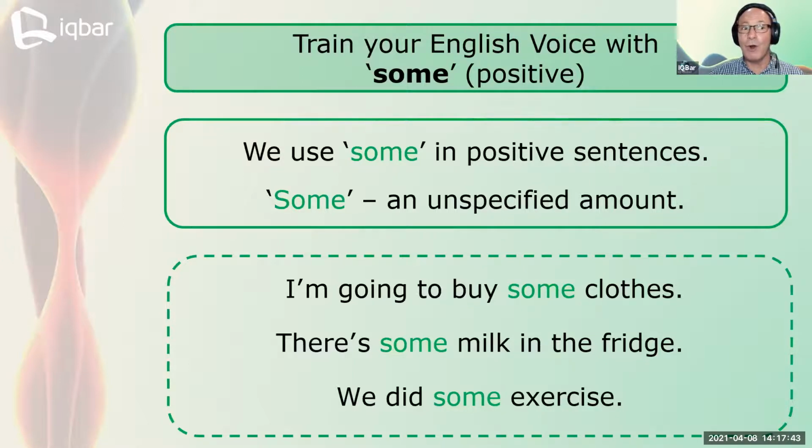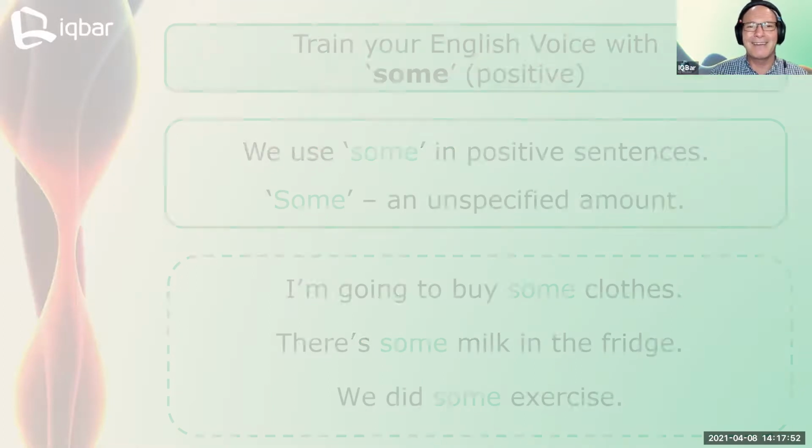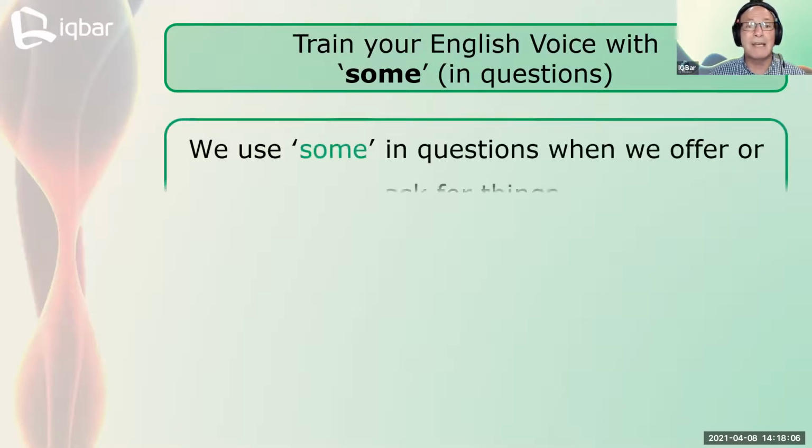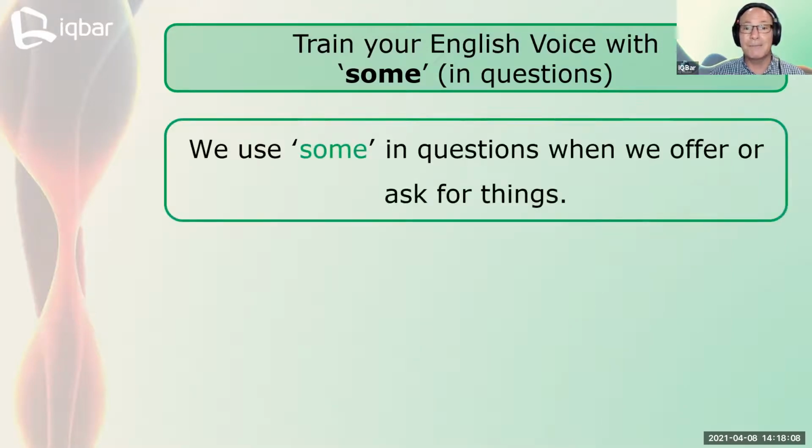We don't know how long or how much and which ones we did. We just did some exercise. But we don't just use some in positive sentences or in unspecified items. We also use some in questions. And especially questions when we offer or ask for things.